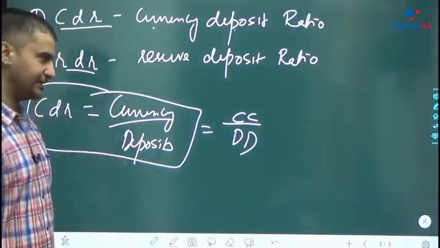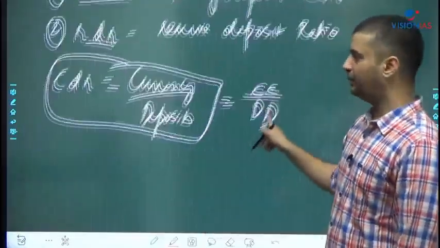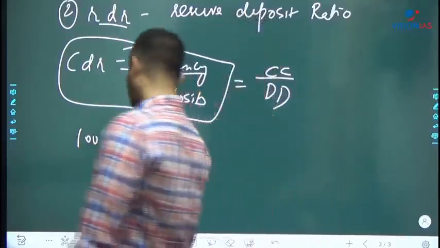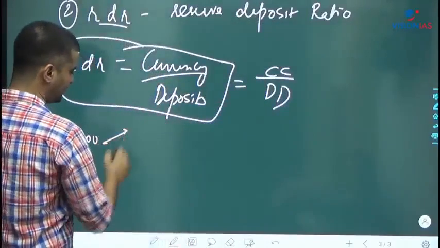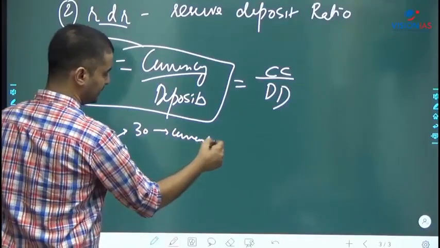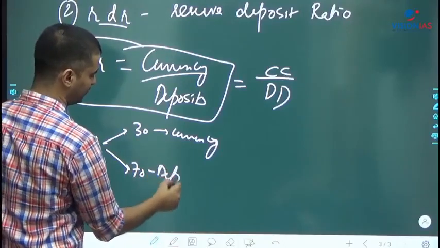Think about it like this: a person has 100 rupees with him. Out of this 100 rupees, I keep 30 rupees as currency and I keep 70 rupees as deposits.